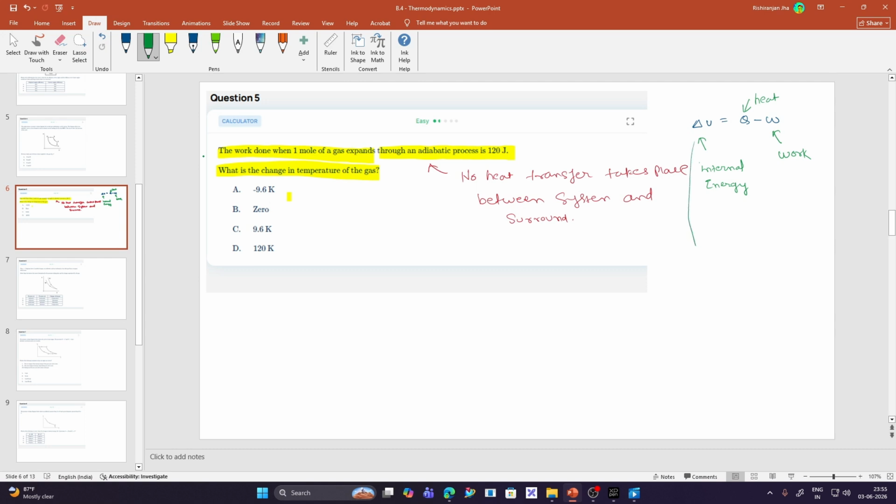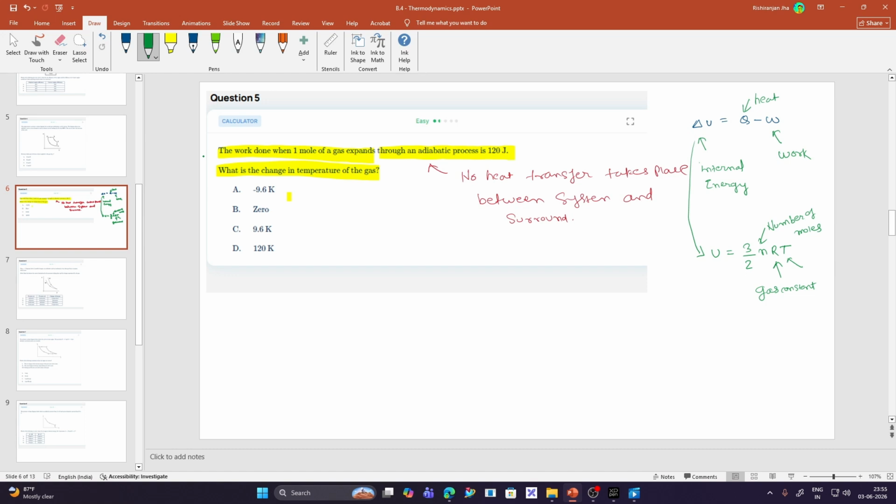Now we have one more equation for finding U, that is internal energy. U is given by 3 by 2 N R T. What is N? N is the number of moles. What is R? R is the gas constant. And what is T?